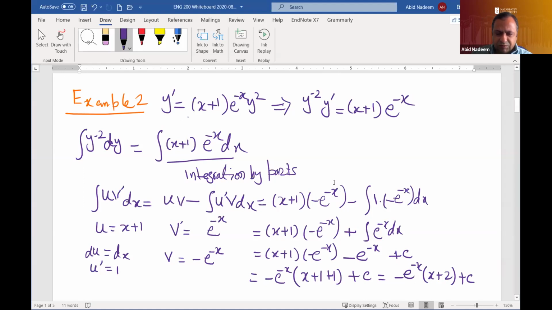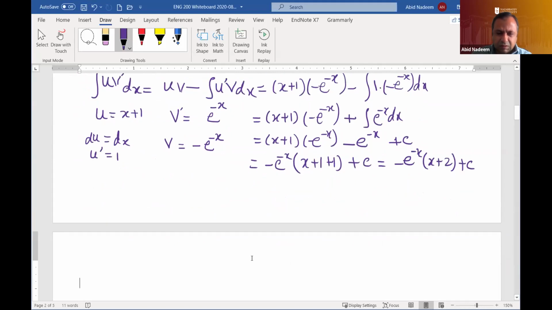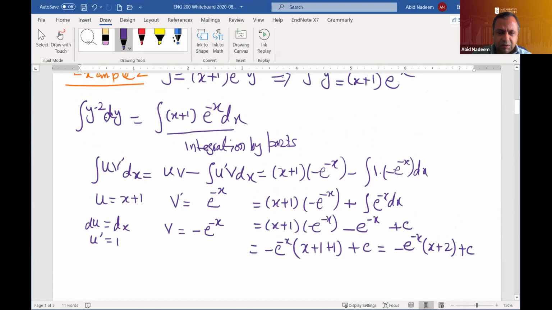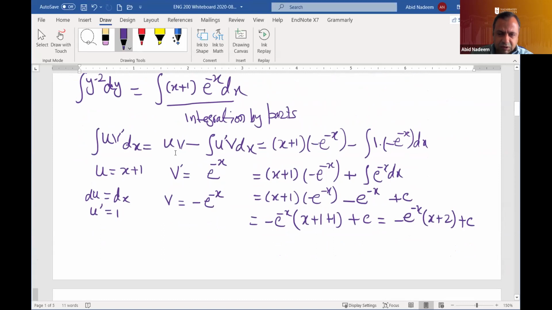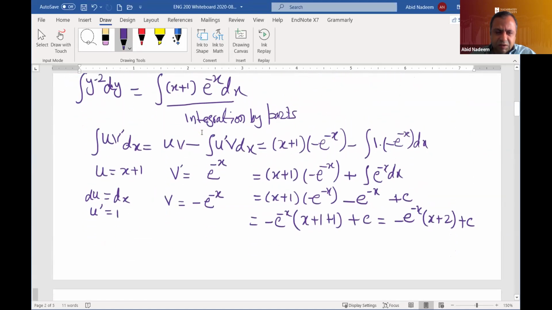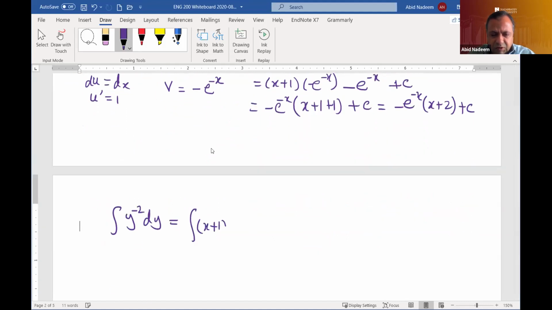Now we have this equation. Let me write it again over here. We had the integral of y power minus 2 dy, and now we have already got the integral of x plus 1 times e power minus x dx.